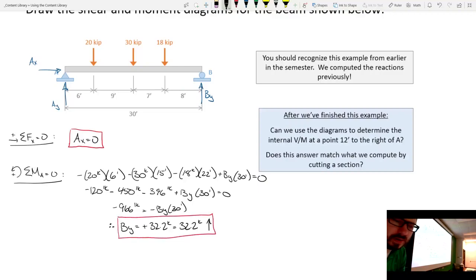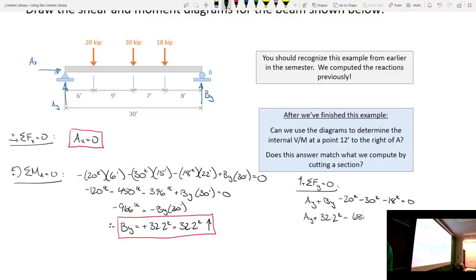And so if I want to sum forces in Y, just sum those up, substitute. Then that is 68.